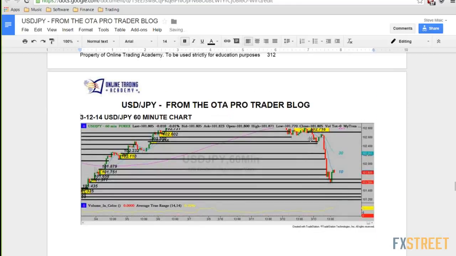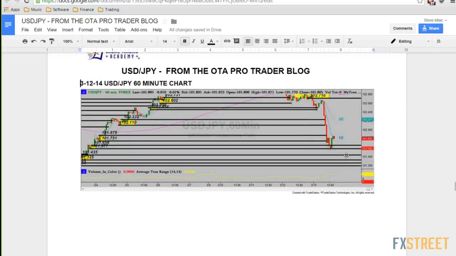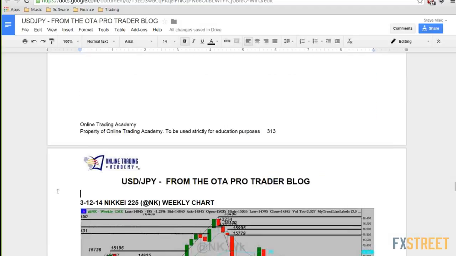As a matter of fact, we had a rally up to a supply level at 102.71, followed by a strong drop that takes us all the way back down into the 101s. And we bottom in an area of demand at around 101.65. So even though we managed to rally a slight bit higher above the prior supply levels, now we're starting to get some bearish action in both the Nikkei and in the dollar versus the yen.